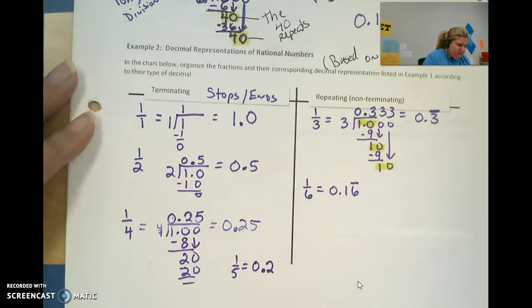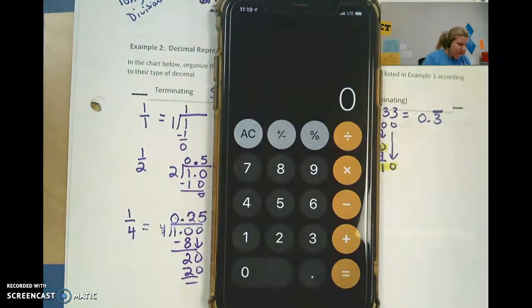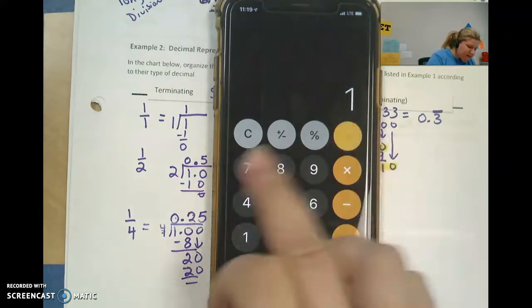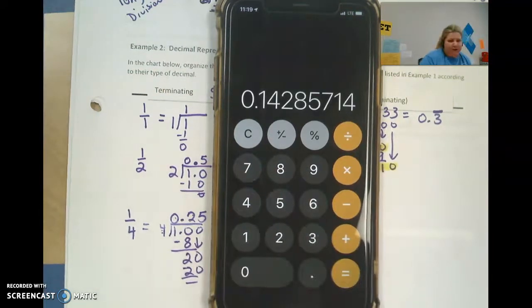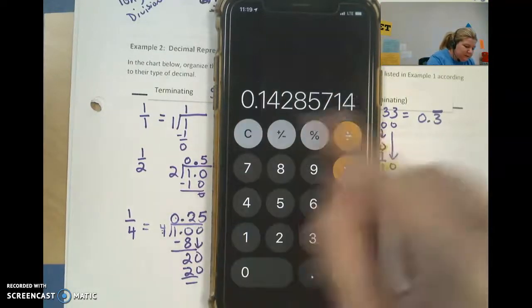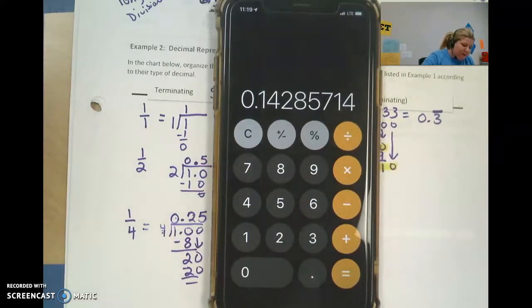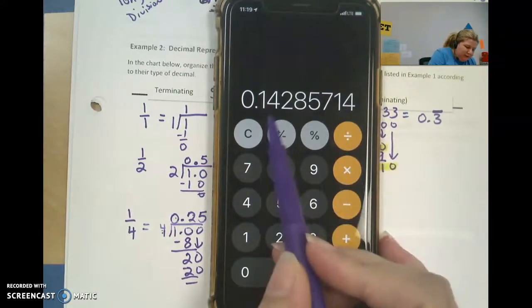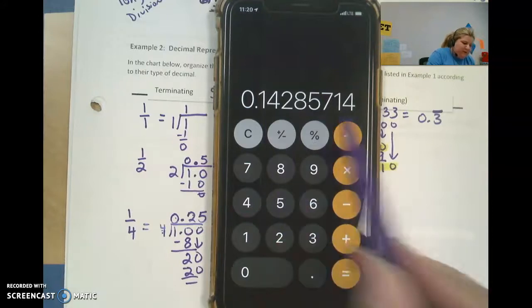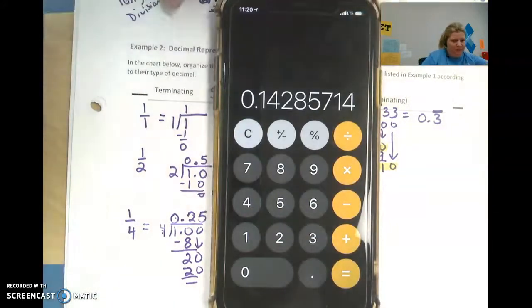1/7. Ooh. Work out 1/7. But instead, I'm going to show you 1 divided by 7. Okay, so I don't see anything right away that might be repeating, but then when I look a little closer, I see here that this 14 could be repeating.